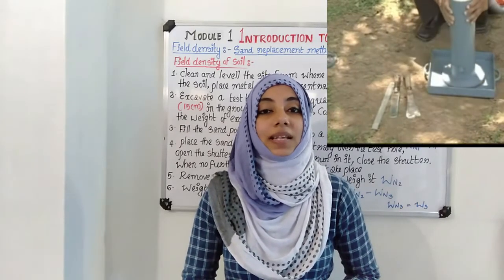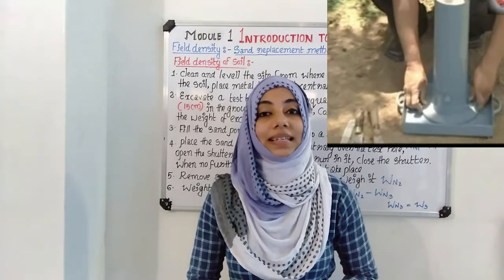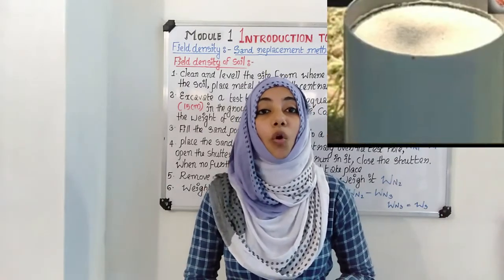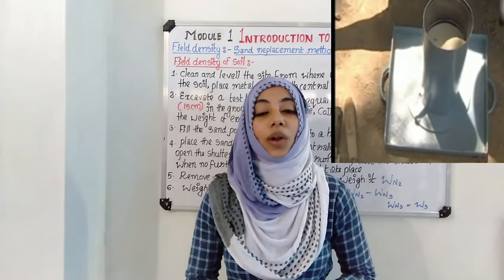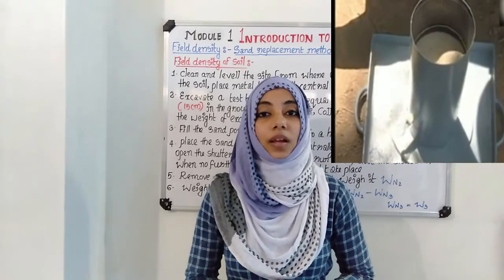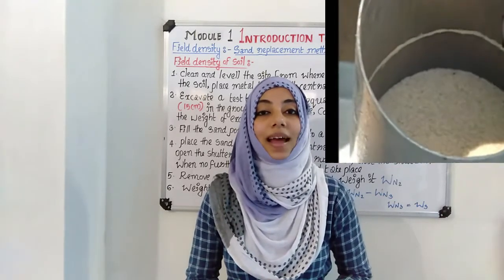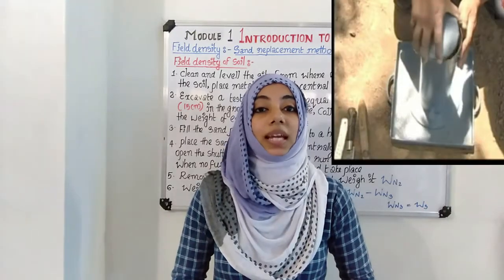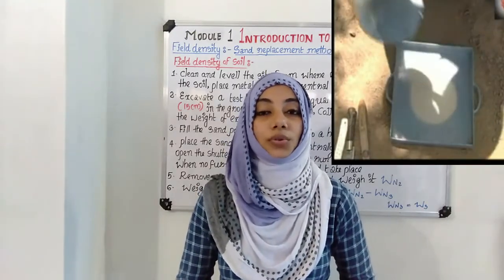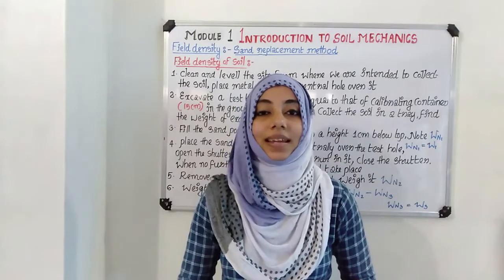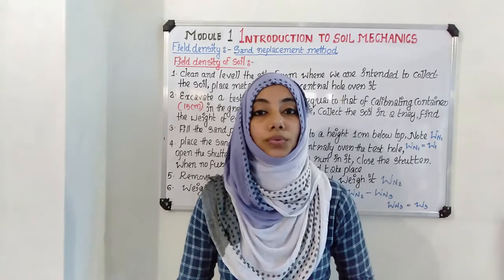Next step is place the sand pouring cylinder over the test hole, open the shutter and allow the sand to run in it. Close the shutter when no further movement of sand takes place. Remove the sand pouring cylinder from above the test hole and the weight is taken. This weight is marked as WN2.